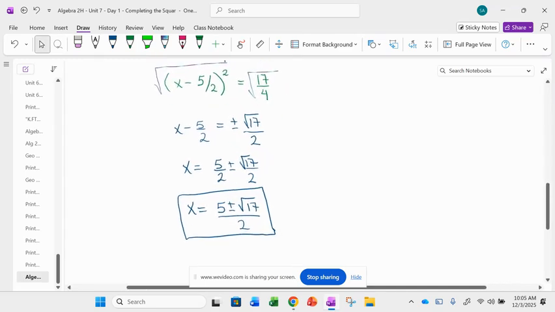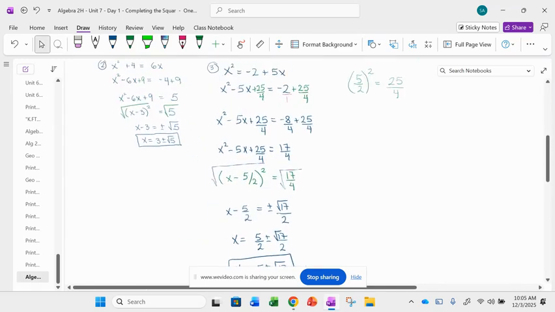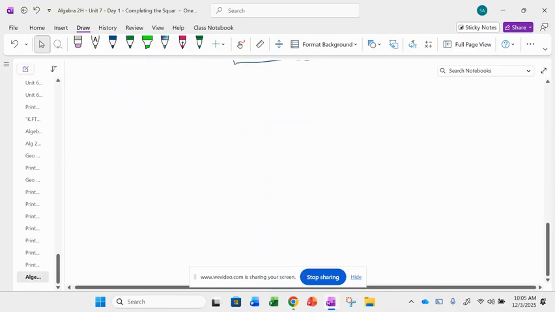Anybody still copying this one? We're okay? All right, one more, and then we're going to add a leading coefficient.